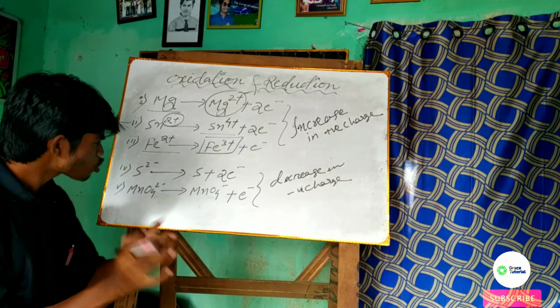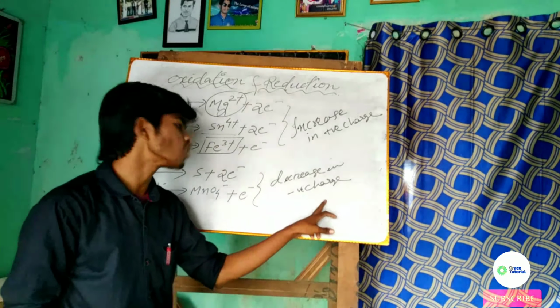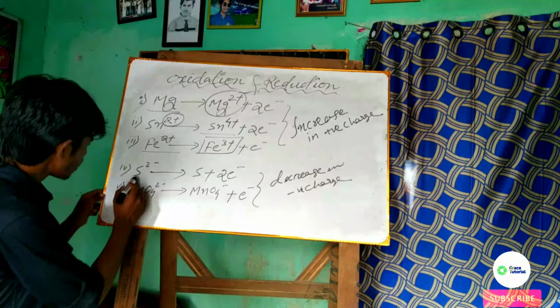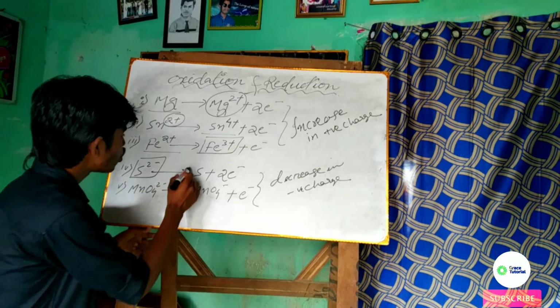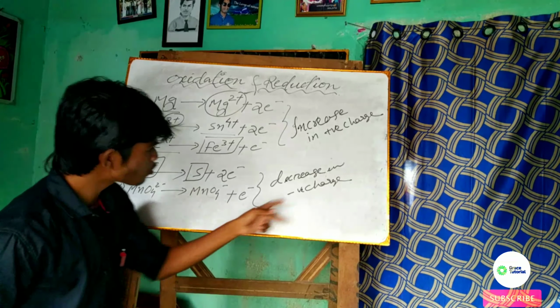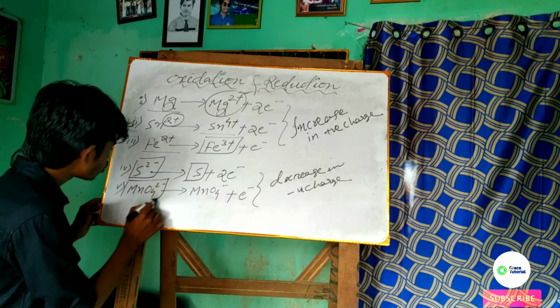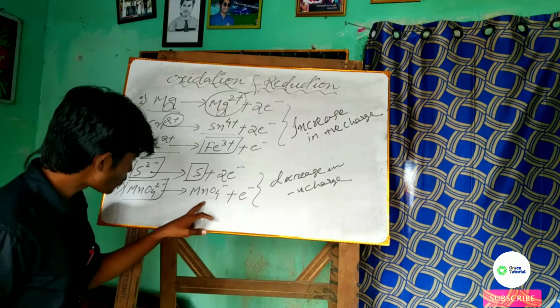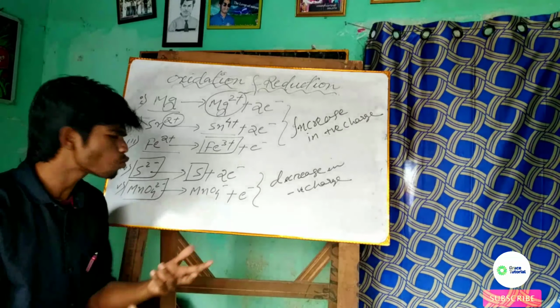Similarly, during this oxidation, the loss of electrons may also result in the decrease in the negative charge. How? Have a look. Here we have S2-, but in the product side we have only S. That means the negative charge has been decreased. Similarly, we have MnO4 2-, but here in the product side we have MnO4 just minus. That means minus 1.